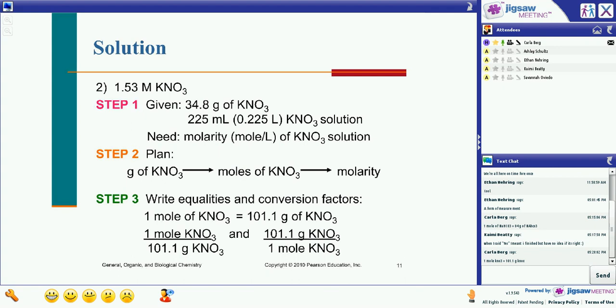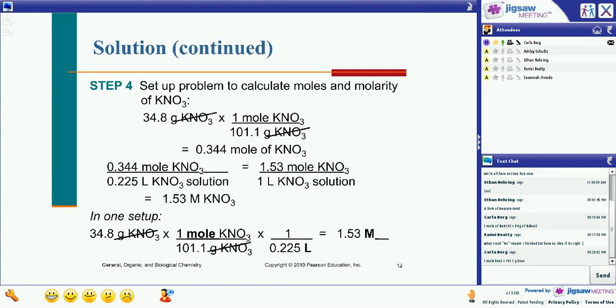Now you wrote your 2 conversion factors from the information I gave you in the text chat. Your 2 conversion factors were 1 mole over 101.1 grams and 101.1 grams per 1 mole. Then we set up our problem.